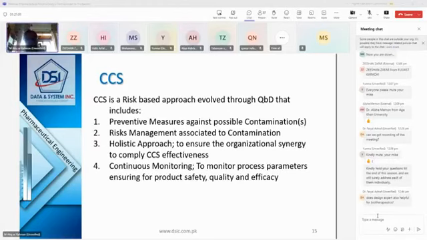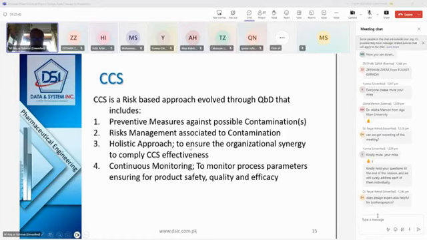It is a holistic approach to ensure organizational synergy. So every concerned person in the process, every custodian of the process, must have a very clear idea how he or she could deliver his or her energy to comply with contamination control, so that the materials are compatible with CGMP and are free from any contamination.